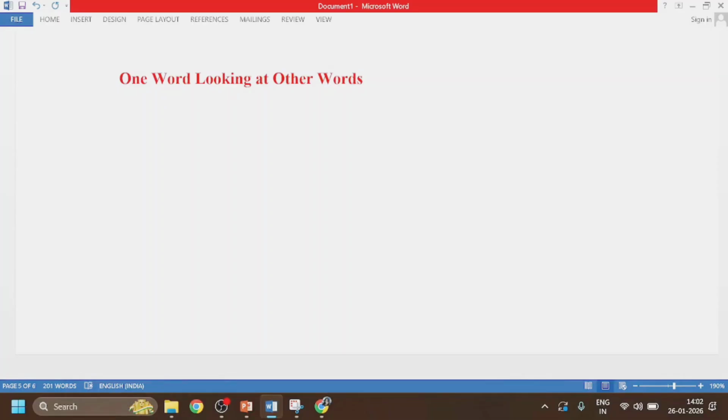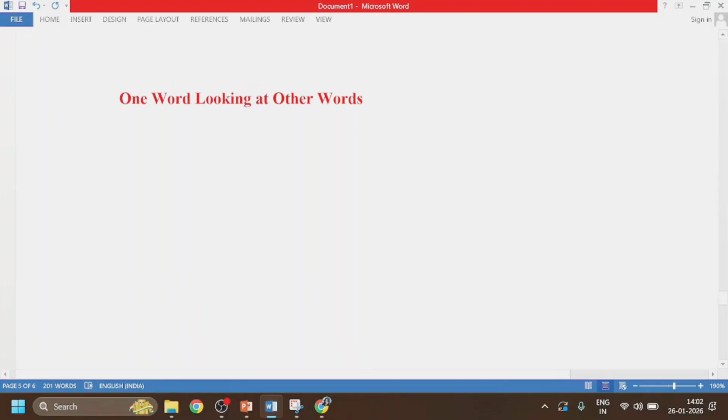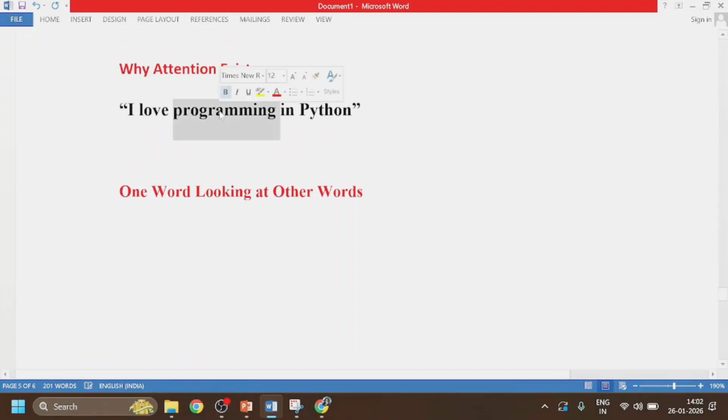In self attention, each word asks a simple question: which other words matter to me? The word programming looks at all the other words, but it pays more attention to Python.